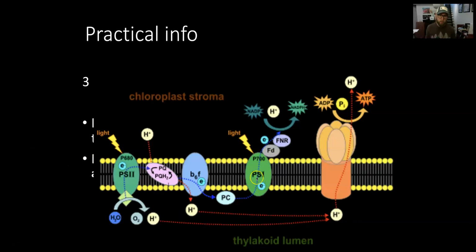And the reason it doesn't work on photosystem 1 is because photosystem 1 can receive energy from different places. One, it can get it from light. We know it absorbs light at slightly different wavelengths and longer wavelengths than photosystem 2. But it also can receive electrons from photosystem 2. So it's receiving energy from both places.